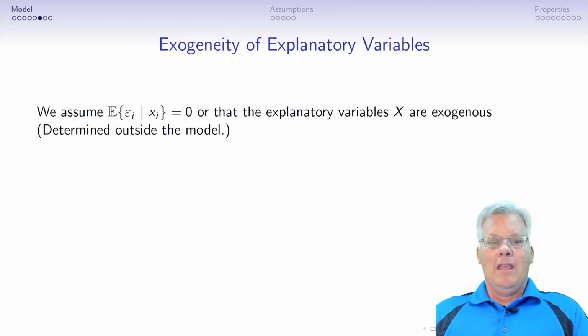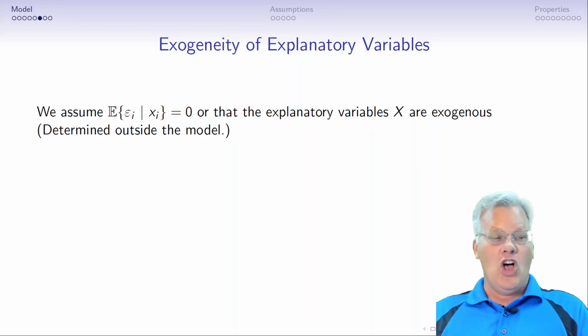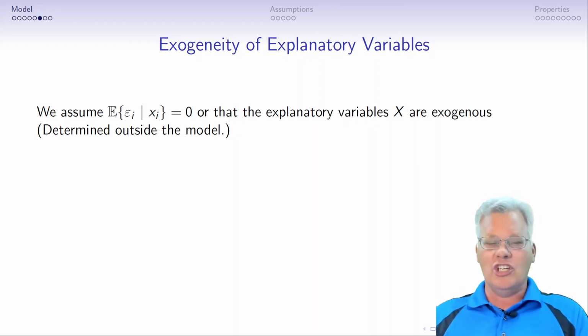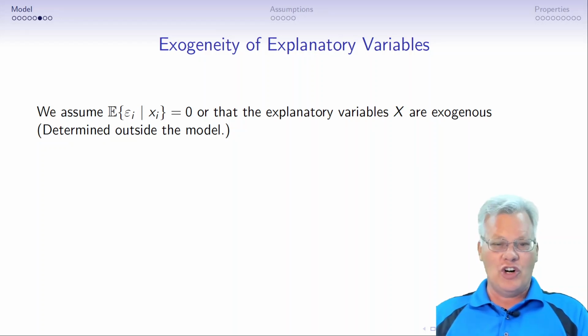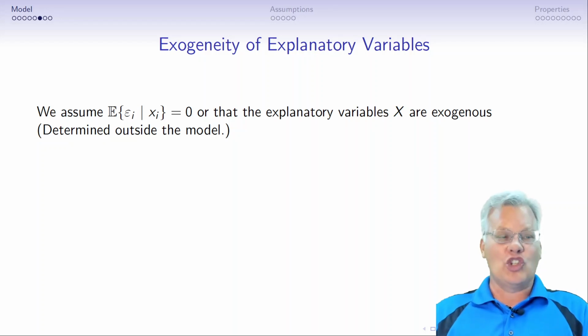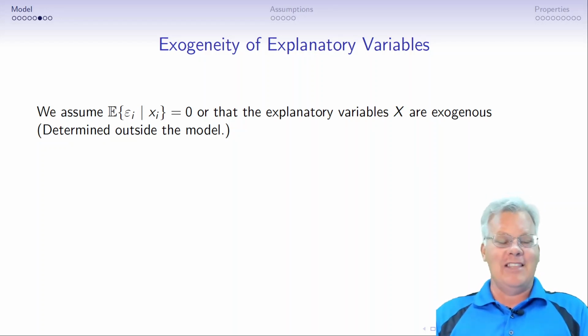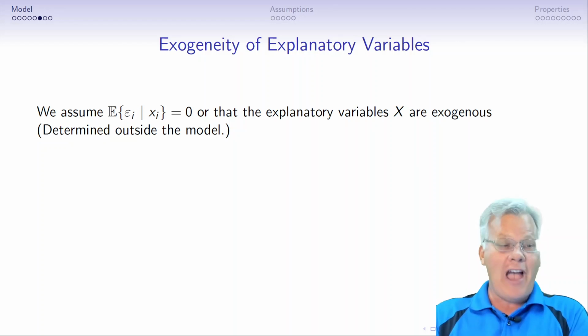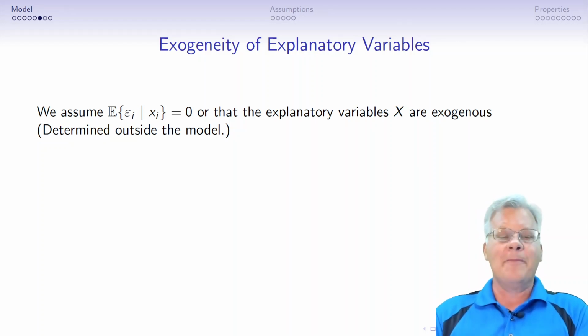Okay. Now, we assume that the expected value of epsilon, which remember was the population stochastic disturbance term, given the value of X. So notice X, the value of the explanatory variable, is given to us with a Latin script. So what that means then is that we know the value of the X with certainty.